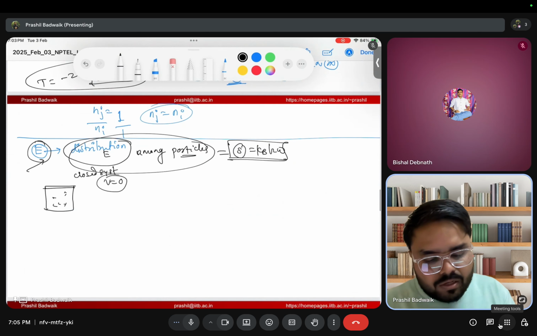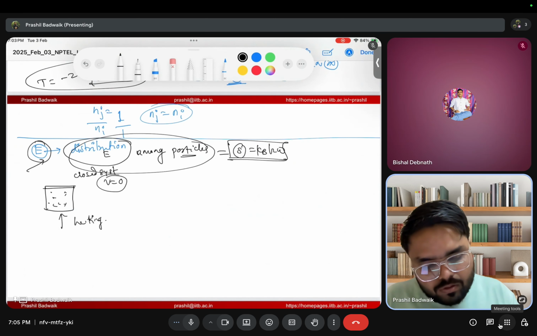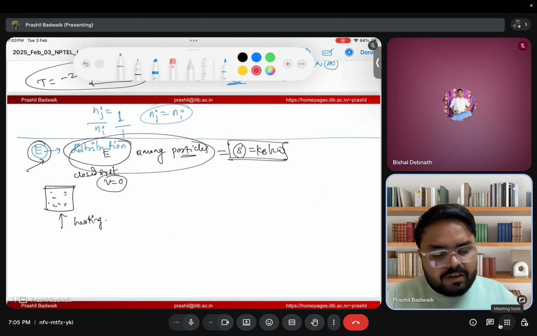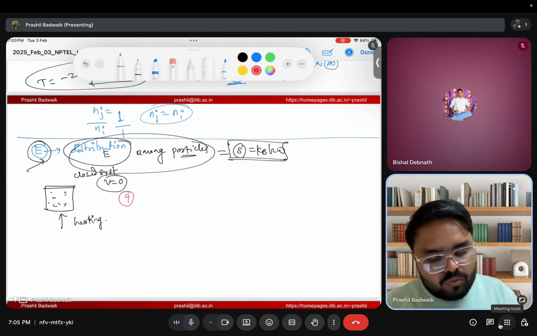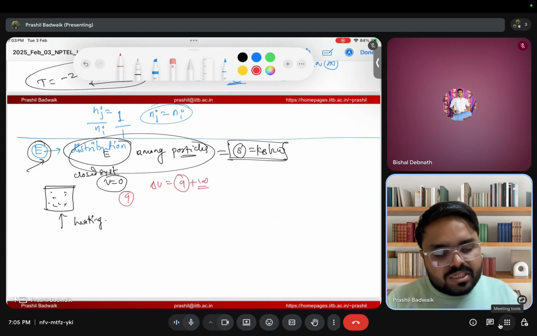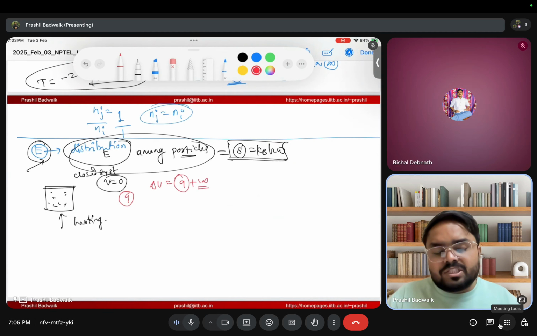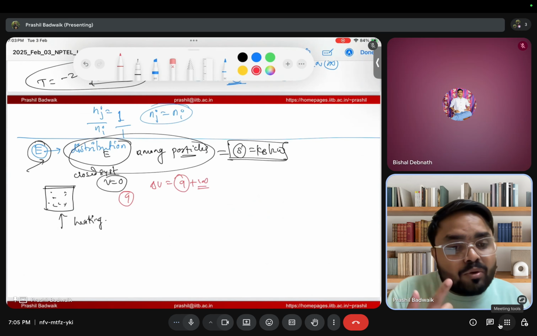Water in a beaker, and I am heating it, correct? If I'm heating, then I'm adding Q. Addition of Q will change U, right? U is Q plus W. If the energy changes, that means the distribution of energy will change. Therefore addition of heat into the system will lead to a change in entropy.